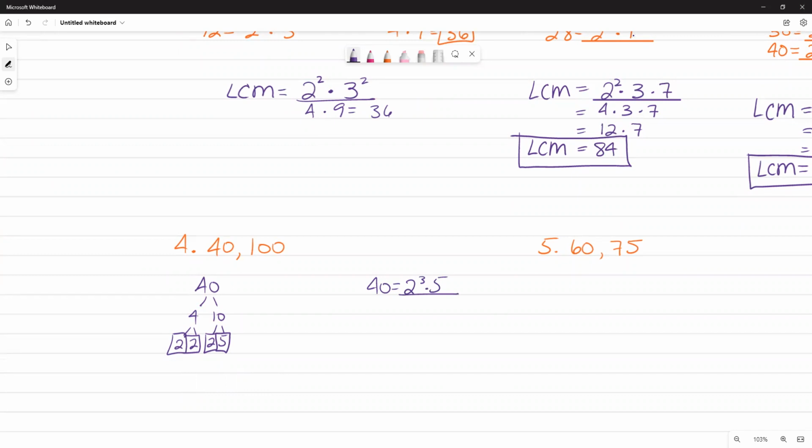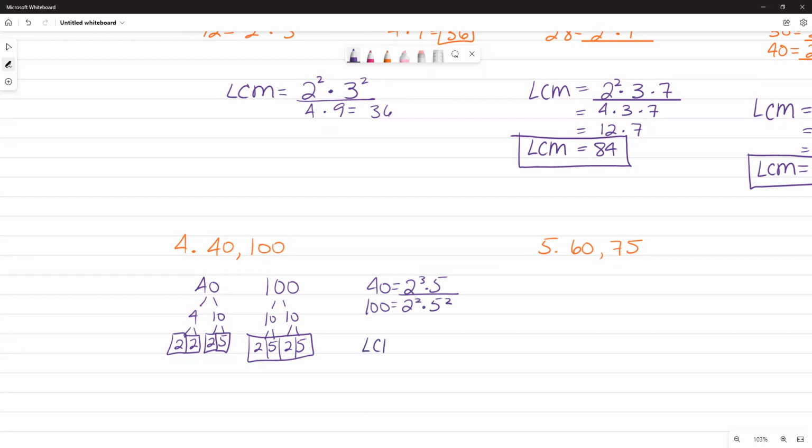All right, and then 100. So you got 2 squared, 5 squared? So 100 is 2 squared, 5 squared.